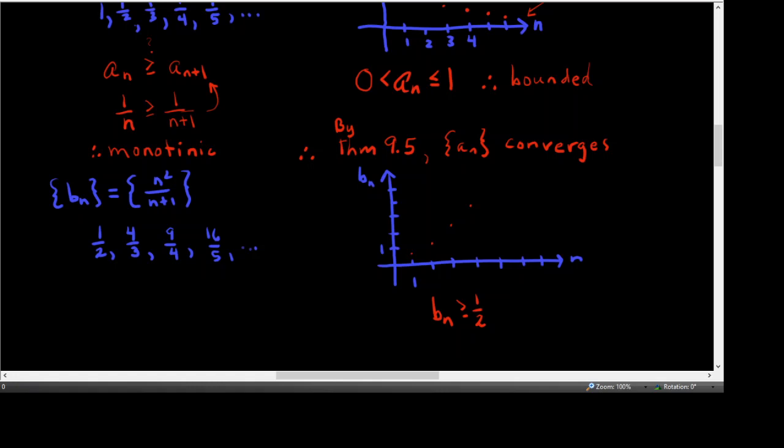So this is only bounded below. So we're not going to be able to use theorem 9.5 on this one. That doesn't mean it can't converge. That just means we can't use that theorem to show that it converges if it really does.